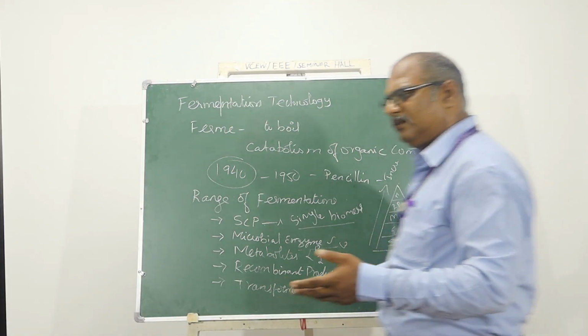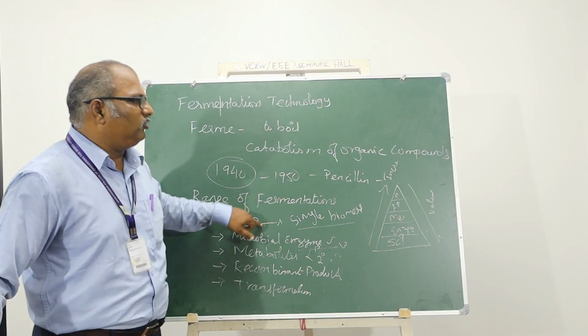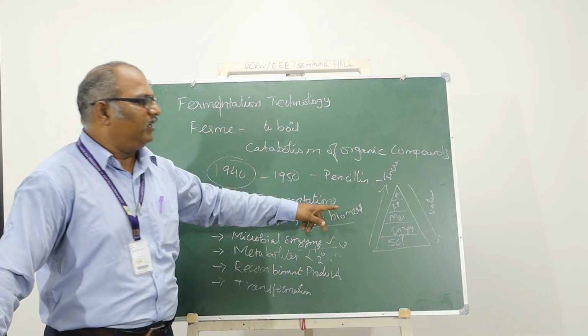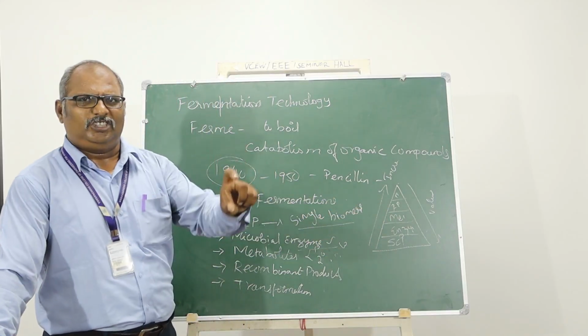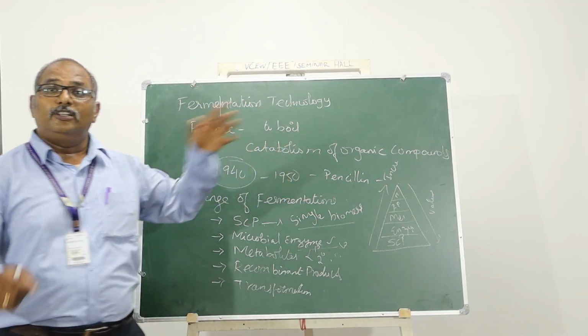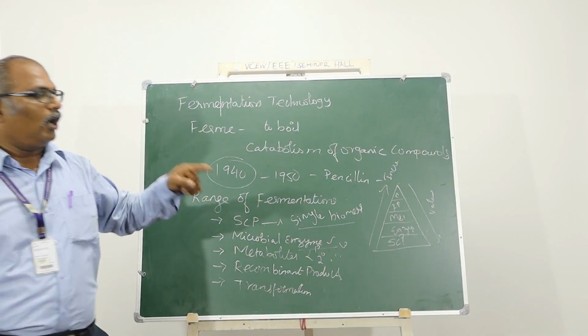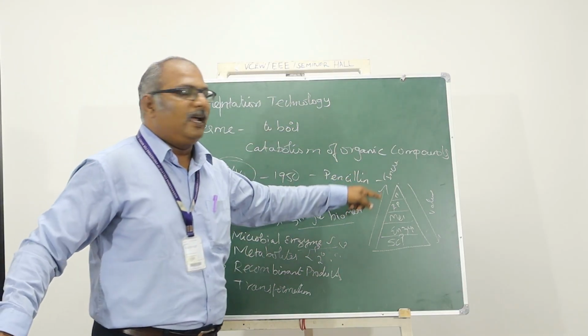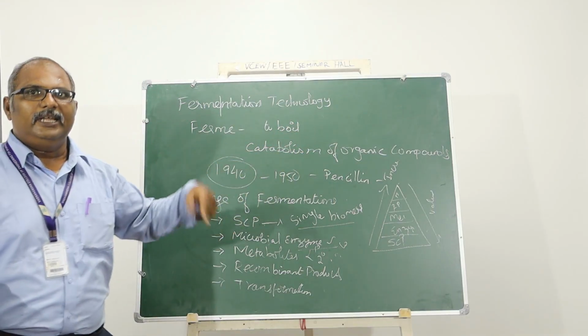Say, for example, the single cell protein, as said earlier, is only used for baking industries or as a supplement. When it is used, it is cultivated in large quantities, but the value is cheap. At the same time, the transformation product or recombinant product is produced in less quantity, but for the purification process, 100% importance has to be given, because it is consumed or used to treat disease.